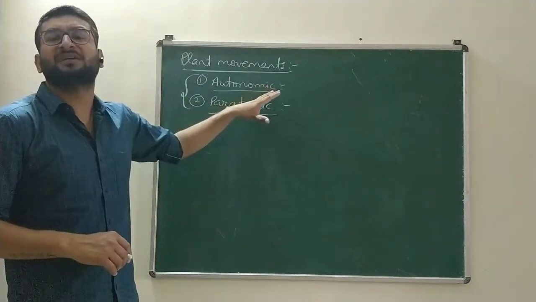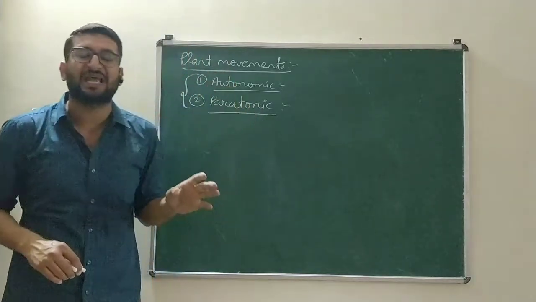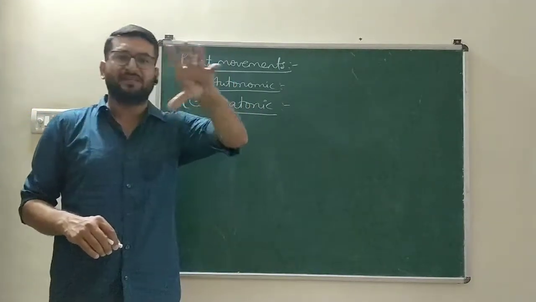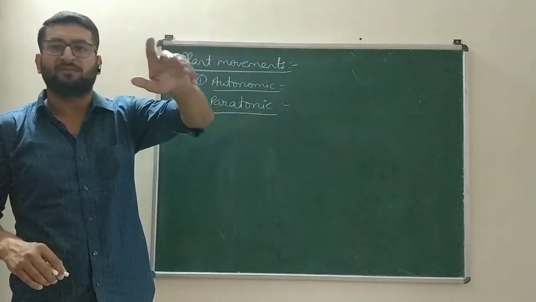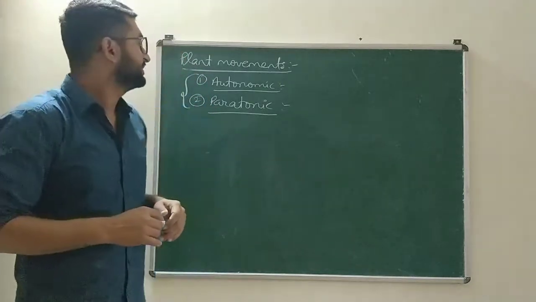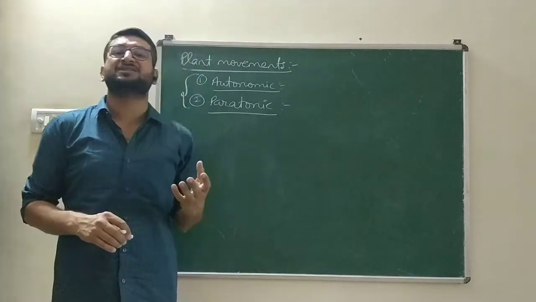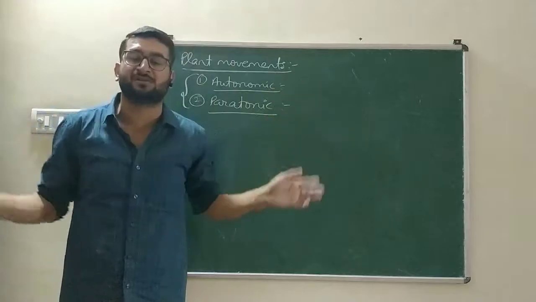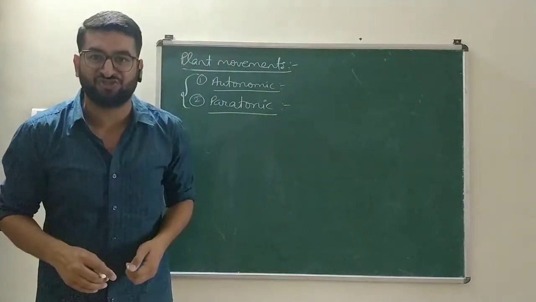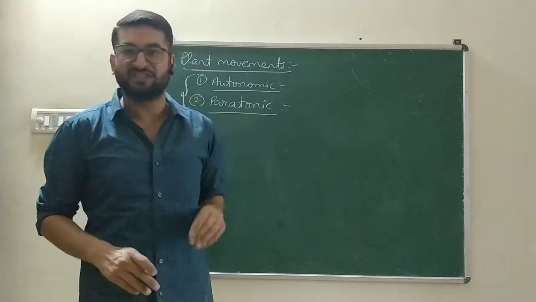These kinds of growth movements occur in the apical regions, like the tip of roots, tip of shoots, and the lateral meristem, the meristematic tissue of leaves, which is present in the boundary. Paratonic movements are the movements which are shown by the plants due to certain external stimuli, due to certain environmental change, and those paratonic movements we are going to study in detail in this chapter.